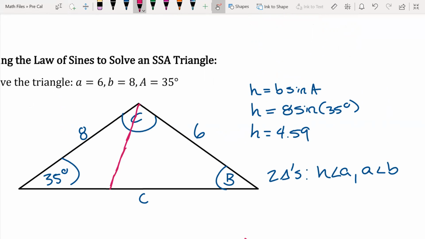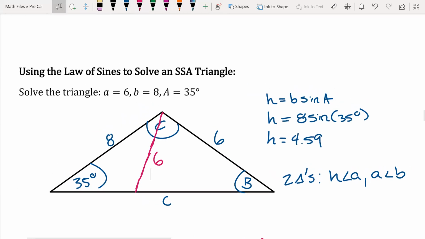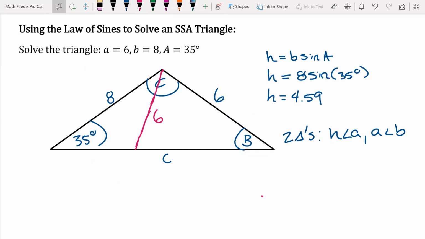This is how we're going to have to draw our two triangles inside this one triangle. Since that's angle A, this means that side A is not only here, but side A is also going to be here. The way I'm drawing that is just based off the ambiguous case.